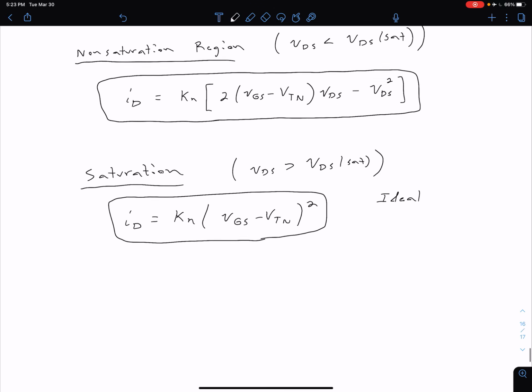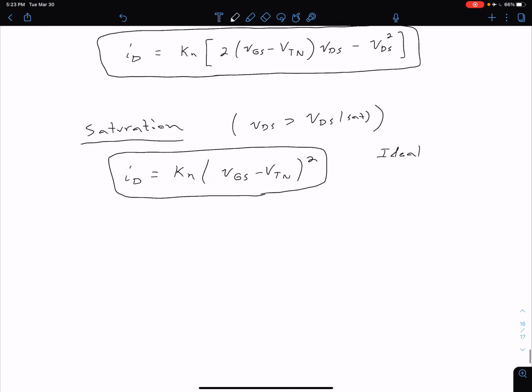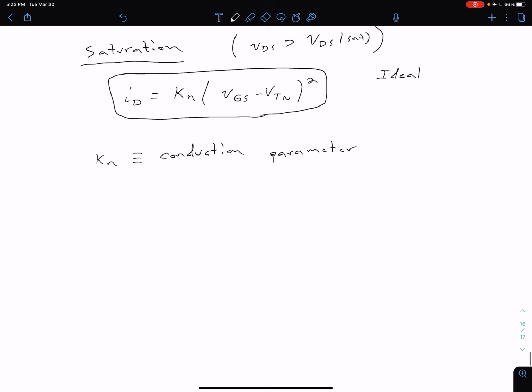Let's come back now and define this K sub n. Both of these equations have this K sub n parameter. So what is this? It's something called our conduction parameter. As we define this, we're sort of opening up a whole can of worms, and we're going to have to define a lot of other things as well.